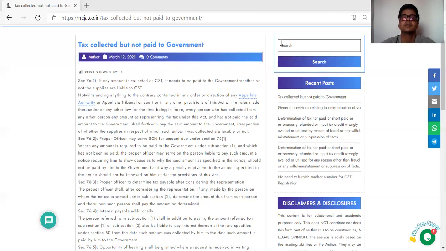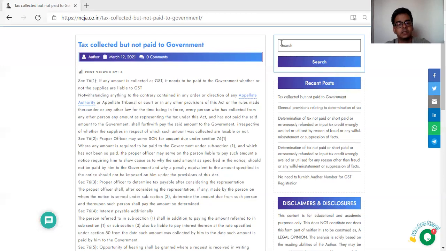Whether that supply was liable to tax or not liable to tax, it is absolutely irrelevant. So what it means is, if you go ahead and collect GST on any exempt supplies or on any non-GST supplies, you still have to deposit that money to the account of the government.